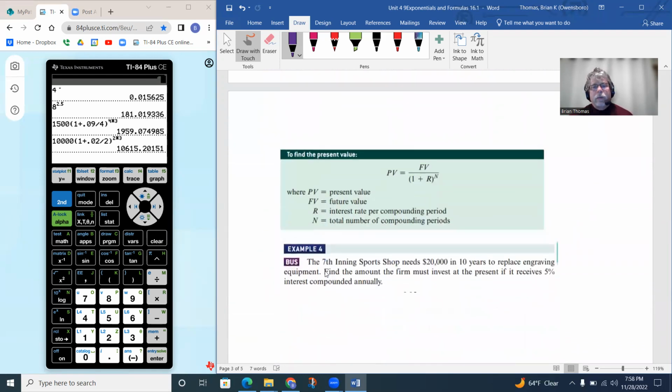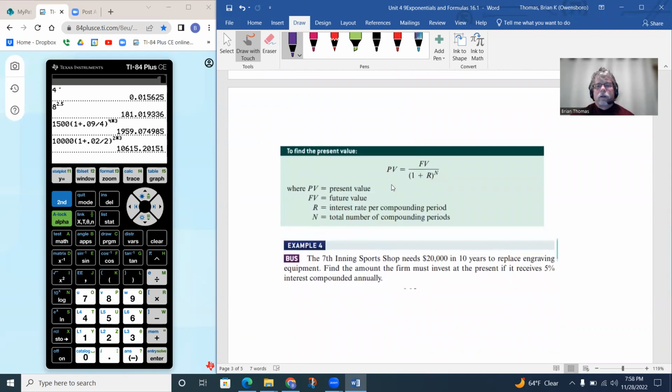So to find present value, they use PV, which is also the same thing as P. And future value is really also the same thing as A, if you will. So they just like to use those values there. But present value and future value is like our final amount. So those are very similar in nature.